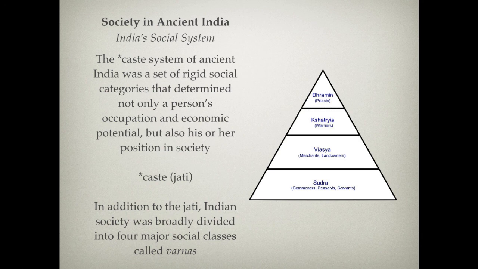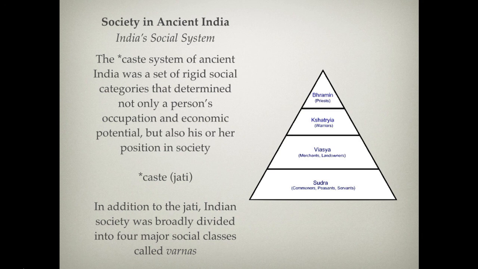So, for example, the four major Varnas are the Brahmin, which are priests largely, Kshatriya, which are warriors, Vaishya, which are merchant landowners, and Sudra, which are commoners, peasants, servants. Now, in these, you end up having jatis born within them that are focused on a particular task.